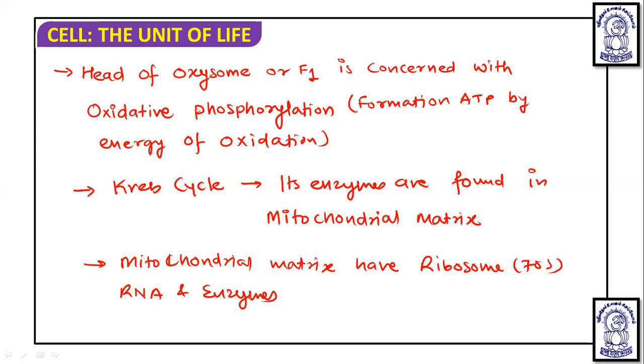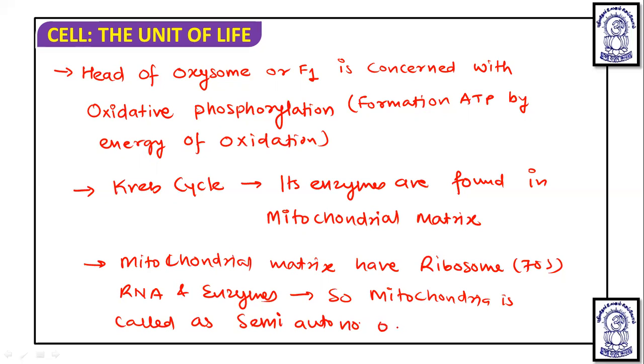So it has its own ribosomes, its own RNA, and its own enzymes. So mitochondria are called semi-autonomous organelles. Okay, so this is what is found in this part.